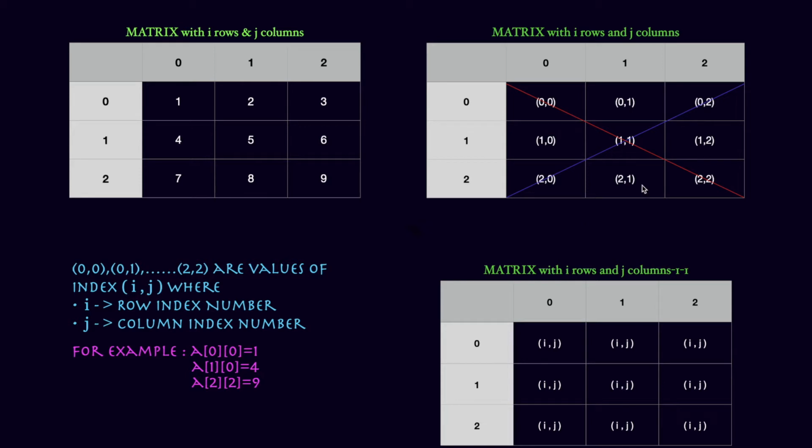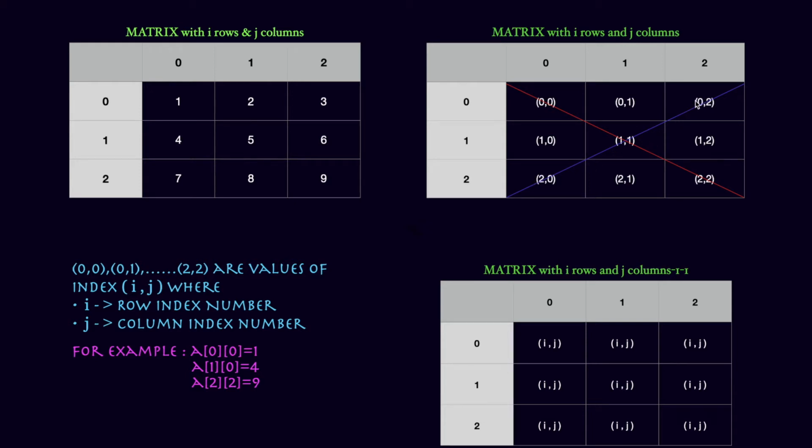So we'll see if we can find any sort of pattern in the diagonal. We have a pattern 0 0, 1 1, 2 2. If we consider i as row and j as column, then for all the diagonal elements we'll have i equal to j. So whenever in a matrix i is equal to j, we get diagonal elements. Now let's see what happens for anti-diagonal elements.